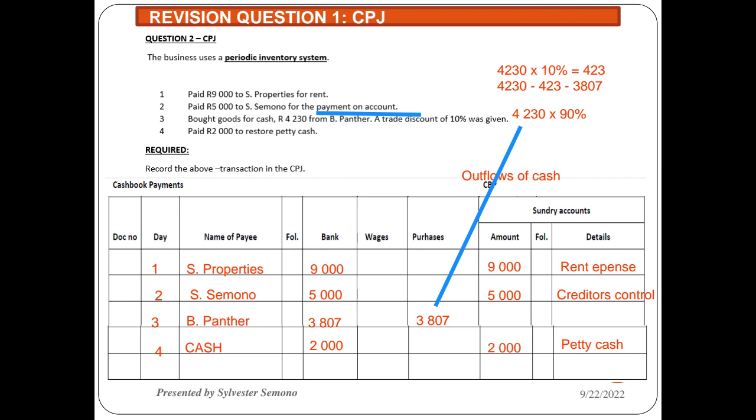I'm not sure. Let's see. Correct me if I'm wrong, guys. The other one is 19,800. Those are the totals. Please don't forget to total. Always make sure that you total at all times.